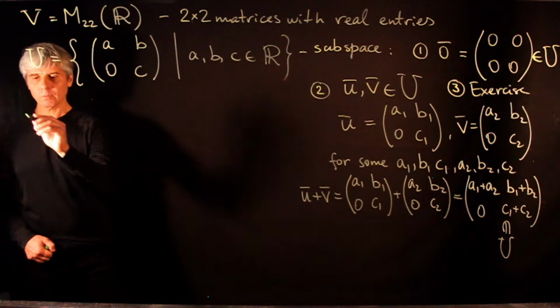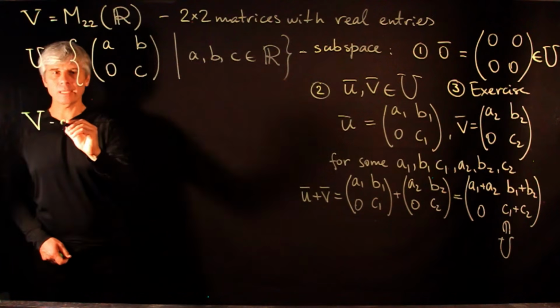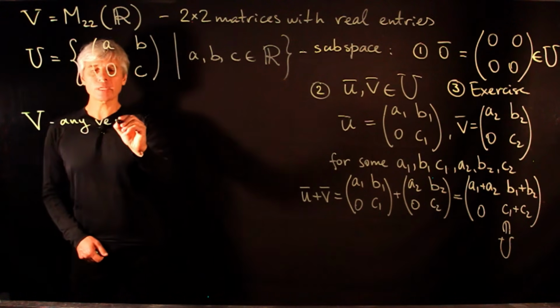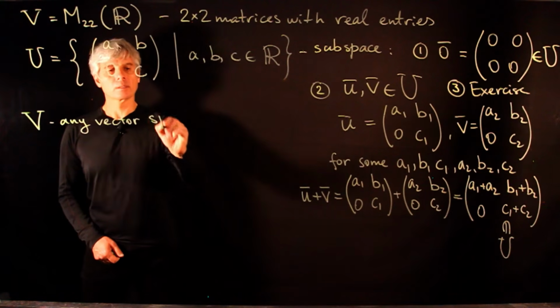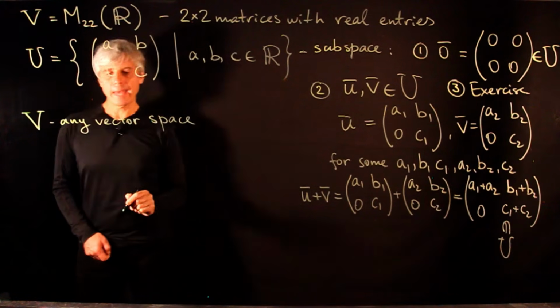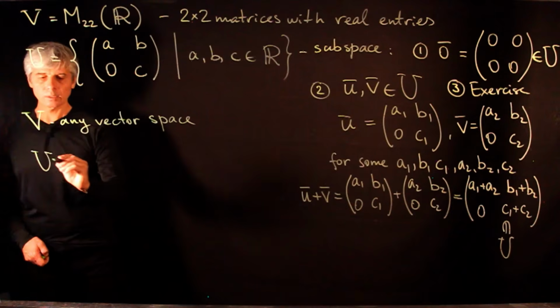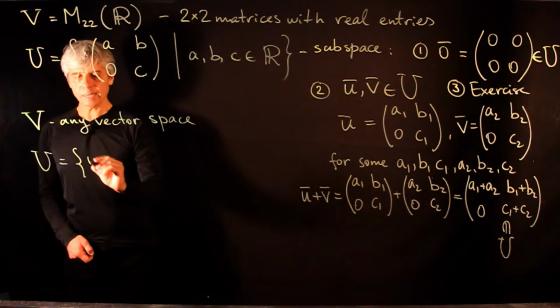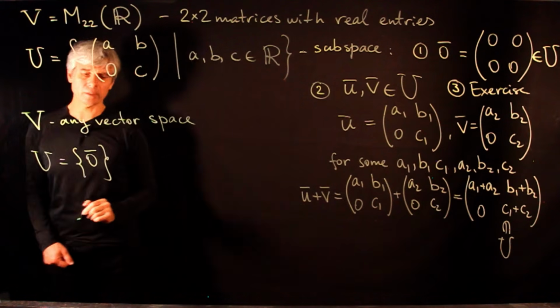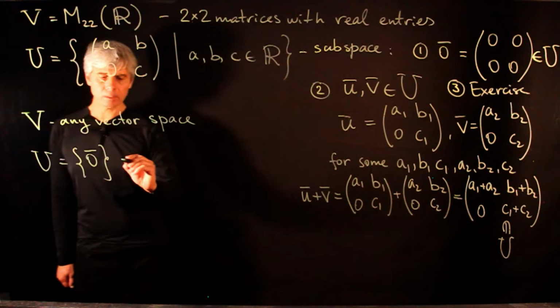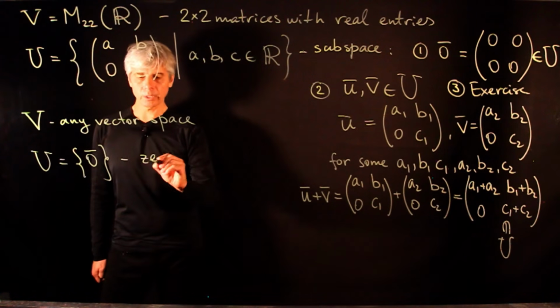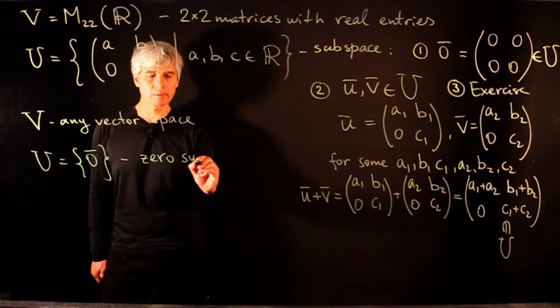Our next pair of examples are extreme subspaces that can be taken in any vector space. So let's take V to be any vector space, and let's take U to be a subset that consists of a zero vector. This is what we call the zero subspace.